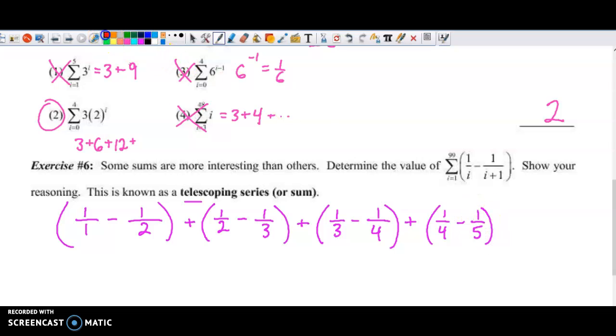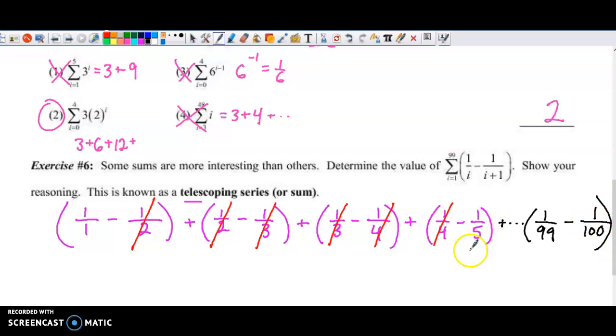I hope you see it, that they immediately cancel each other out. So the question is, when would they stop canceling each other out? Even this 1 over 99 would cancel because we need that last term, minus 1 over 100. So hypothetically, that would cancel the next one, which this would cancel this one.